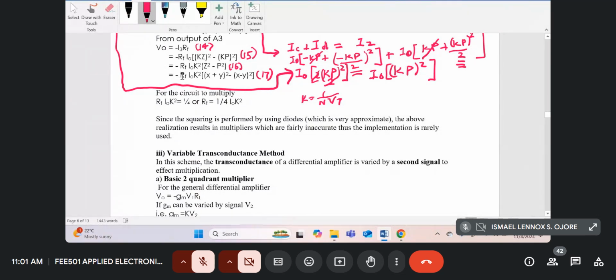You can put another inverter at the output to make it positive. So it must mean that RF I naught K squared should be equal to a quarter. So we substitute RF and use the equation. Let's call this one equation 18.